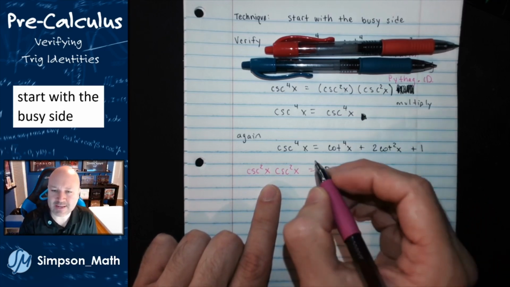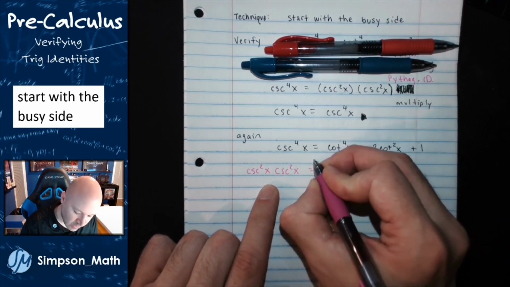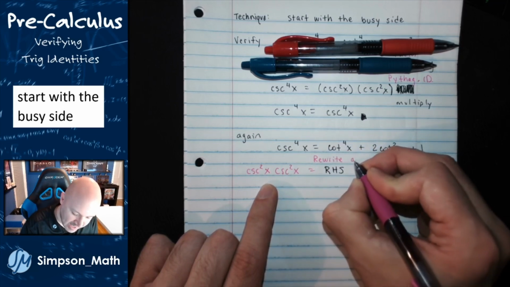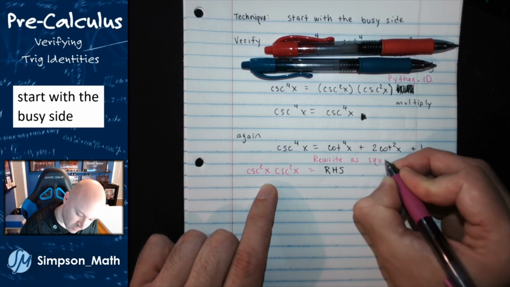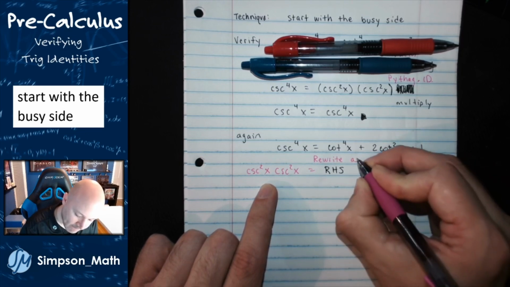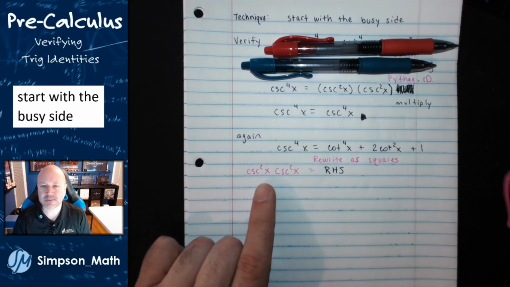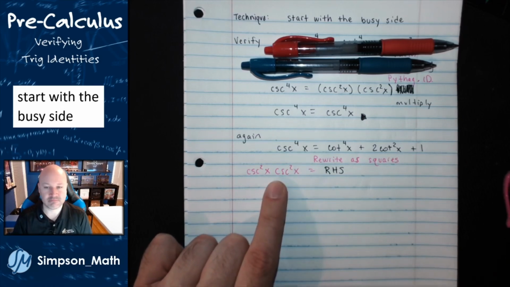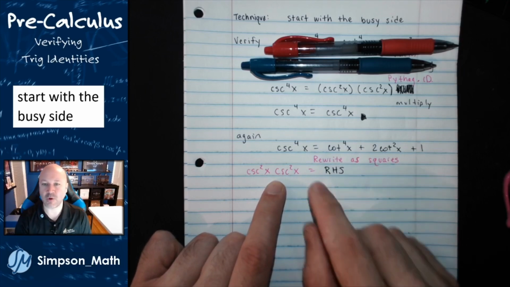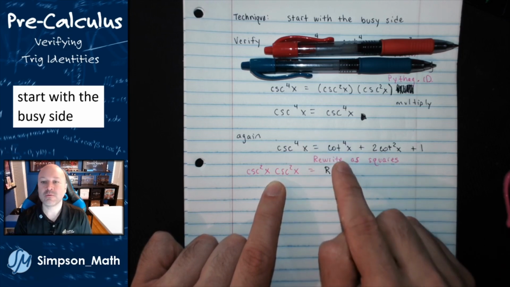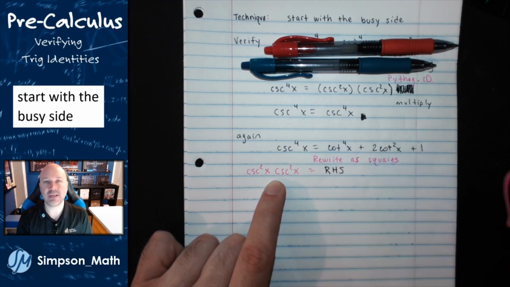I think I'll write down what I mean. I'm going to say rewrite as squares. Hopefully that makes some sense. That's a common practice moving forward in this course. So this is another strategy I should add above me, where you take a higher order trig function and you break it apart until you can see some squares.